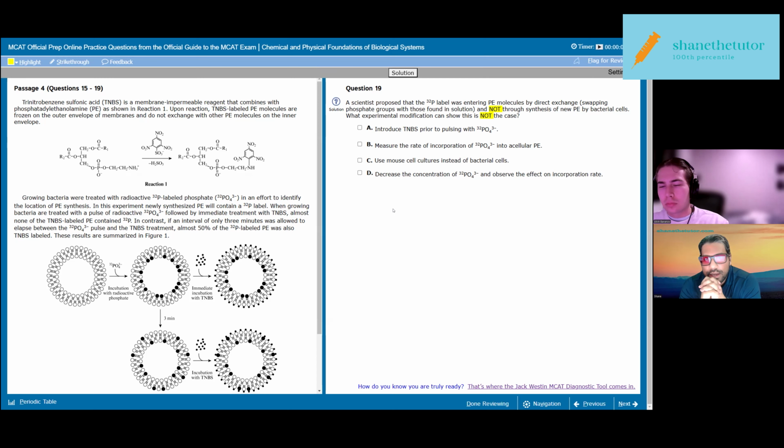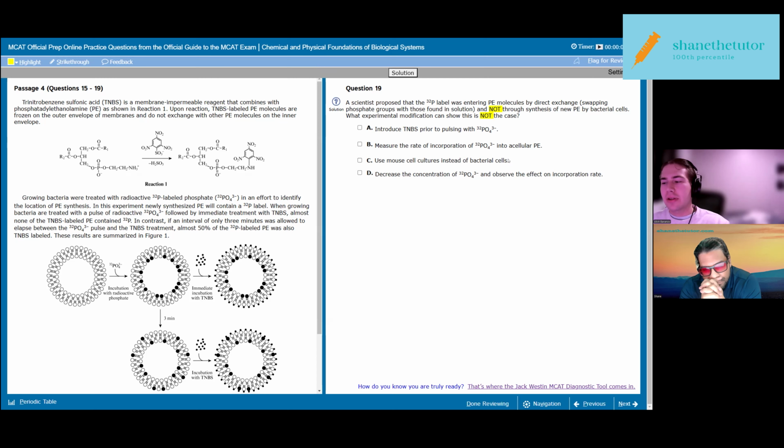Not, not, double negative. So I guess they're asking which modification can show that you are having synthesis of new PE by bacterial cells, or something that shows that they're not entering by direct exchange, right?